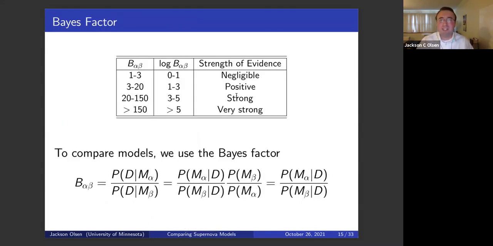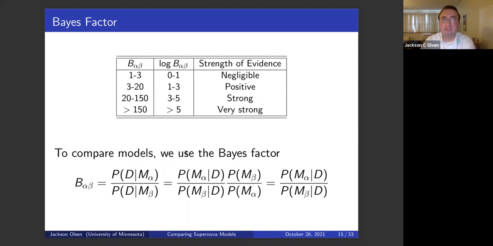Now, with that machinery, we get probabilities for the models given the data, but we still need to learn how to interpret this. And really the Bayesian community has sort of done the work for us here. They've developed this factor called the Bayes factor between two models, call them M alpha and M beta. And in our case, it's really just the ratio of the model probabilities.